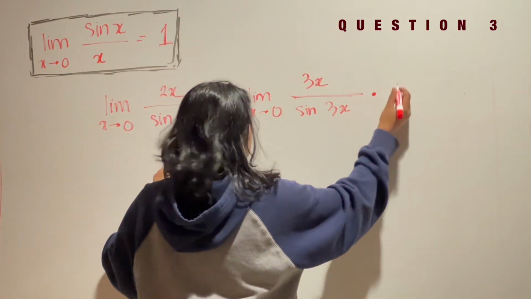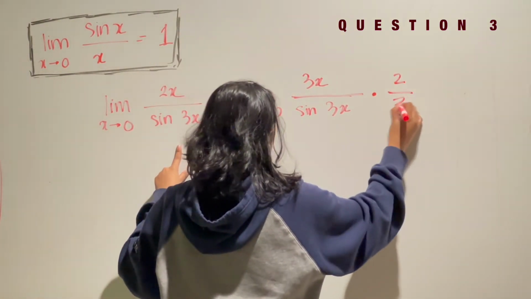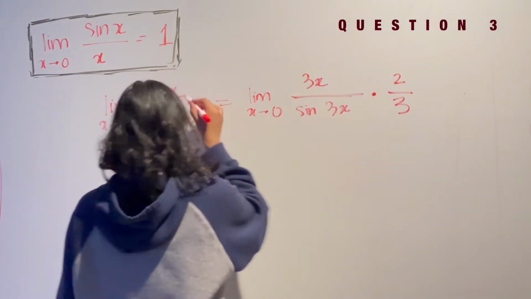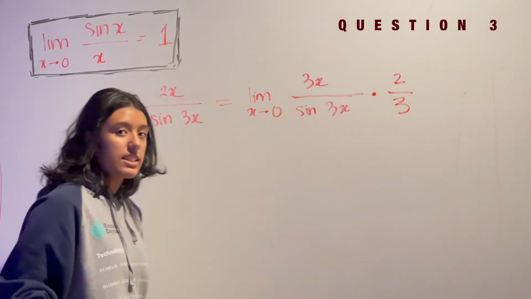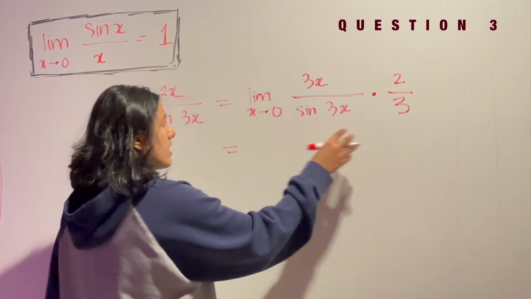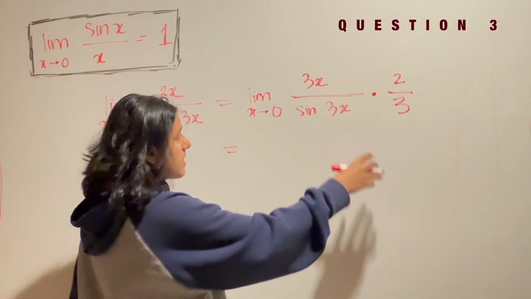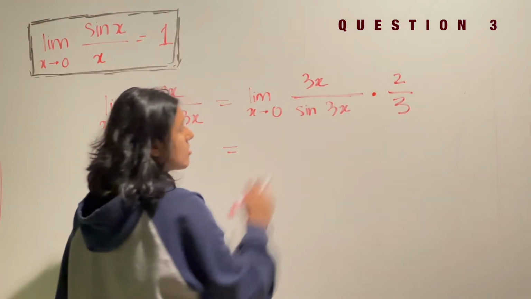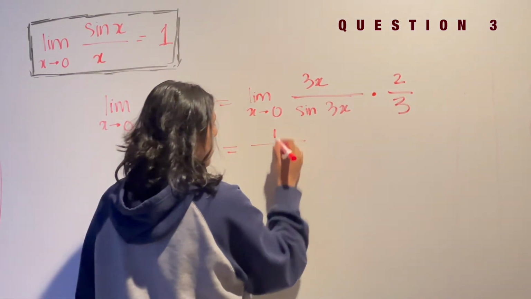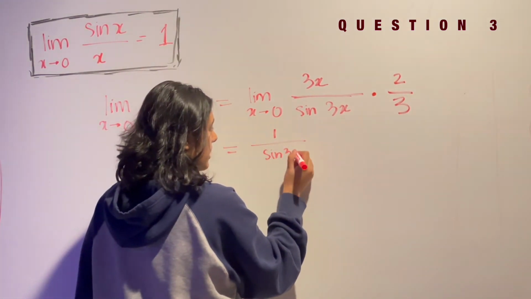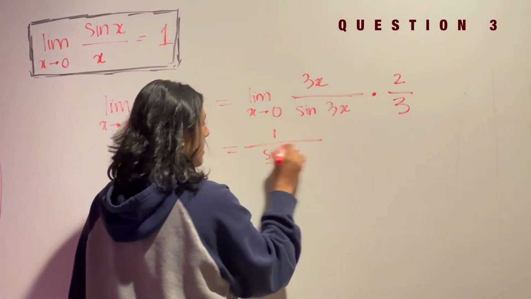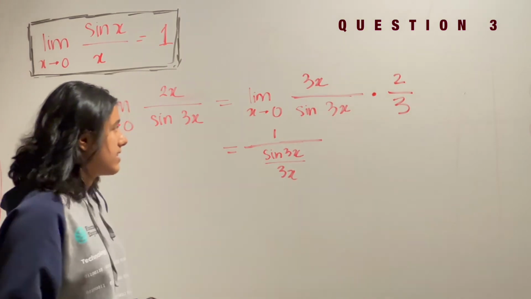Well, you could multiply it by 2 over 3. Remember, the 3 and 3 cancel out. 2 times x is 2x, and the denominator stays exactly the same. So that's how we know it's equal. Now, let's forget about the constant for one second. We can see that it's 3x over sine 3x. Another way you could write this is 1 over sine 3x over 3x, and this is exactly the same as this.